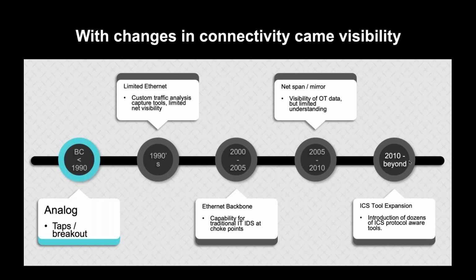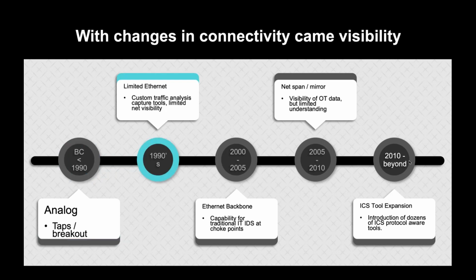Just a quick status as well from a tools and capability perspective along these same timelines. In the before connectivity era, where we were talking analog and serial and some control system loops, if you needed to see that communication stream, you were tapping out from that communication media or using a breakout box so you could actually do some level of analysis. It was absolutely point in time, on site, and generally only done from a troubleshooting perspective.